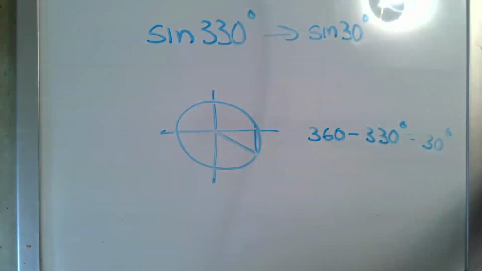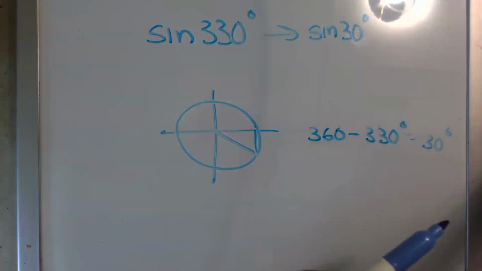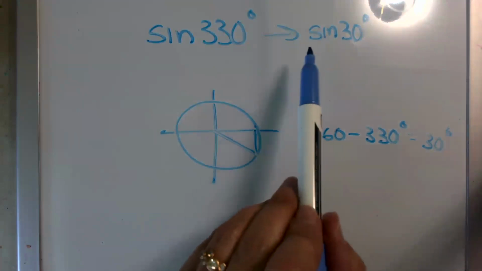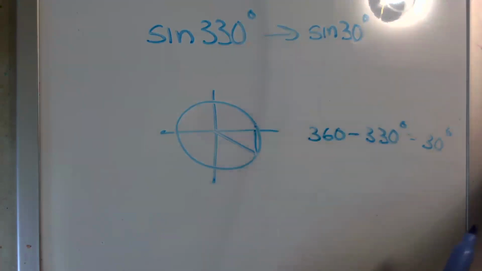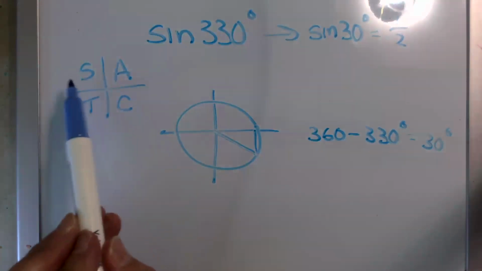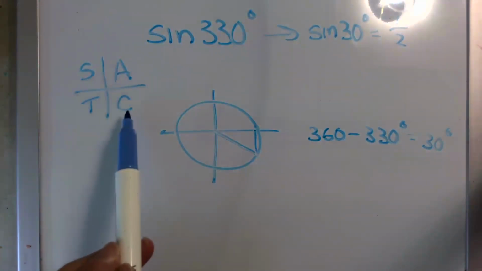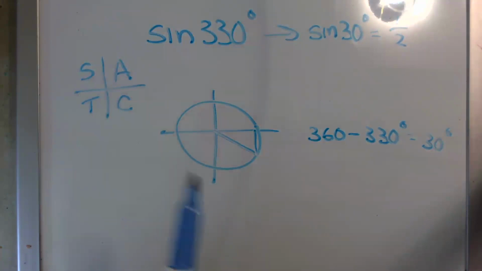Now, we memorized our first quadrant of the unit circle, so we know that sine theta is 1/2. And then we look in our fourth quadrant and we say, what's the deal with sine in the fourth quadrant? So here's another little handy thing. All students take calculus, and what this stands for is which functions are positive in which quadrants.